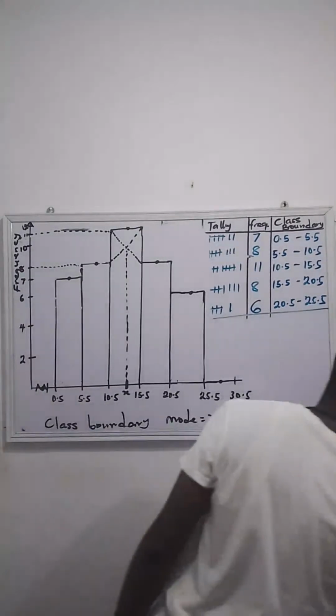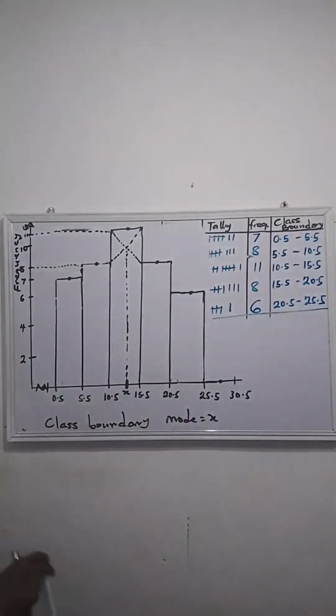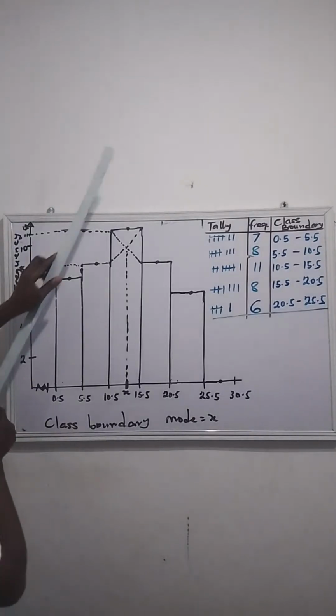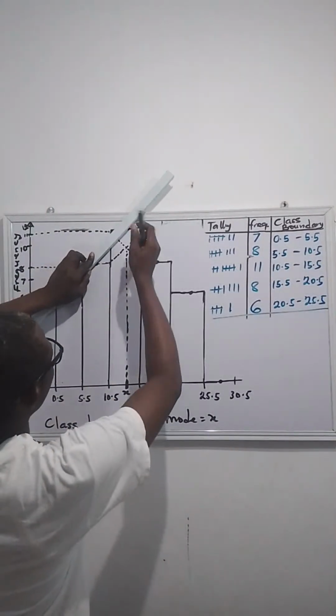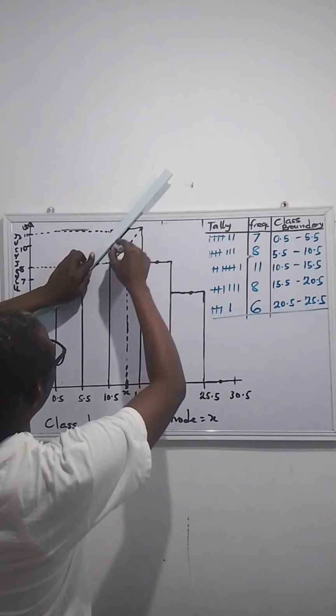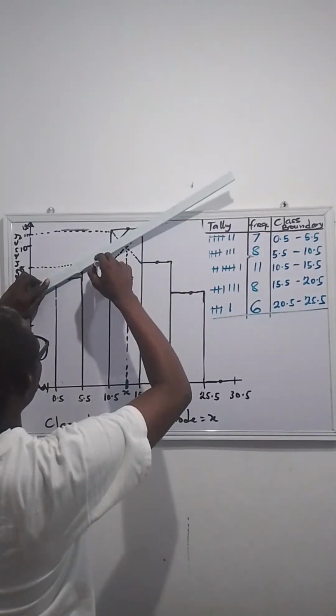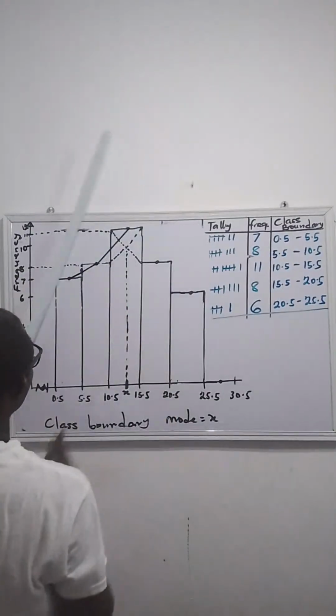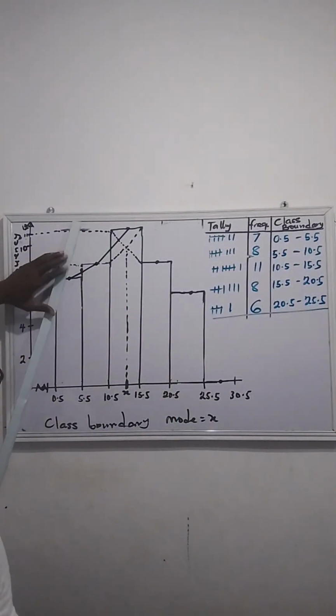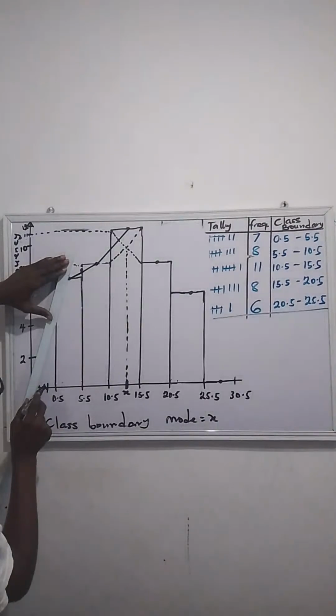So take your ruler. Please ensure you don't use broom. You use ruler to do this. So you join together with your ruler. Now, this final one, you just bring it down here.